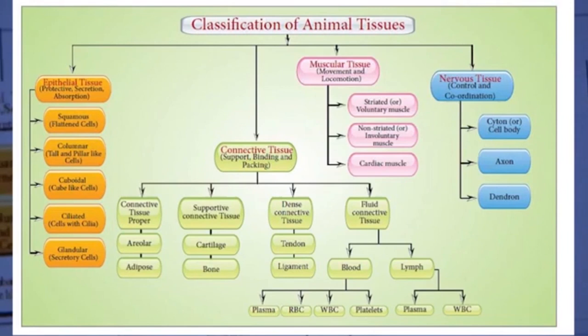A group of cells forms tissues. A group of tissues with similar structure and function forms an organ, and further they form an organ system. Animal tissue is classified into epithelial tissue, connective tissue, muscular tissue, and nervous tissue.